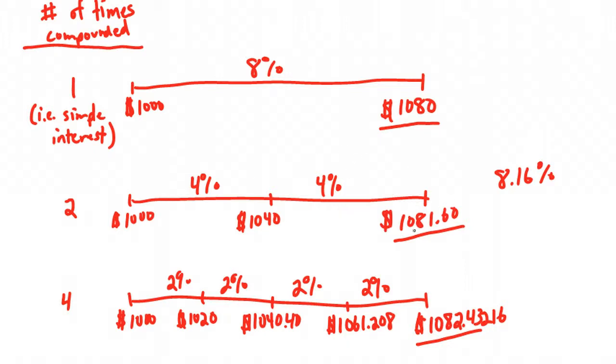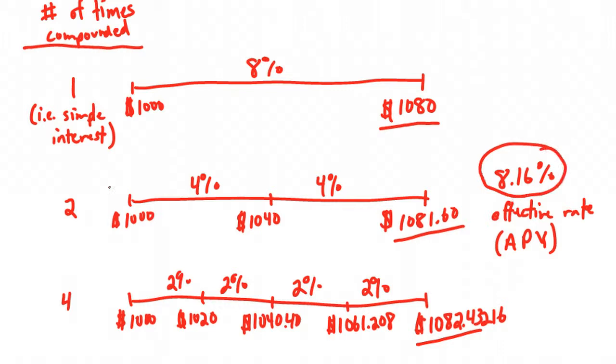So do you see this 8.16 here? If you move the decimal place over. So this is what's called the effective rate, or sometimes called the APY, the annual percentage yield.